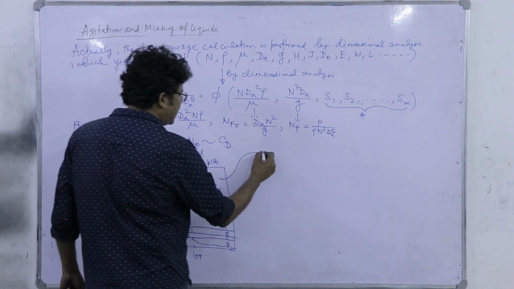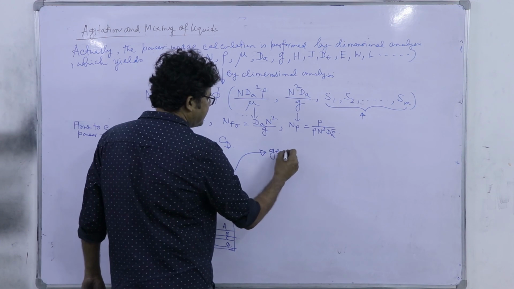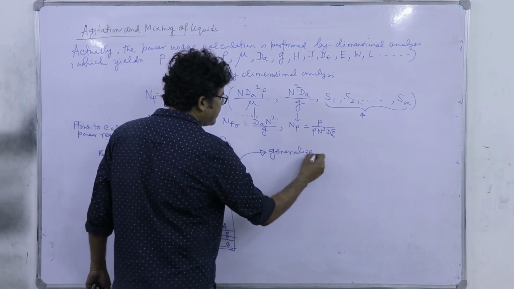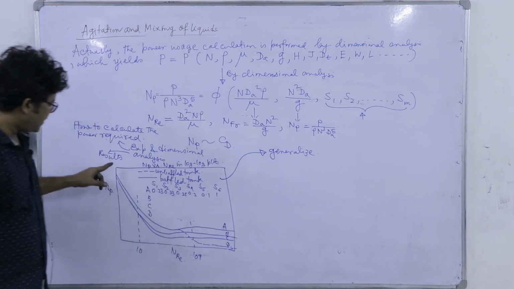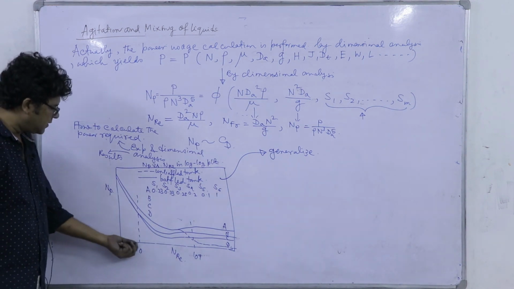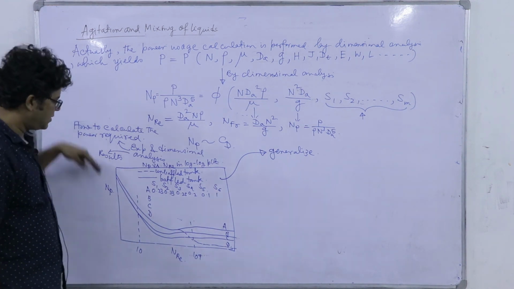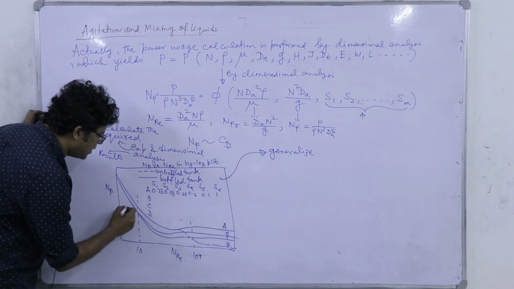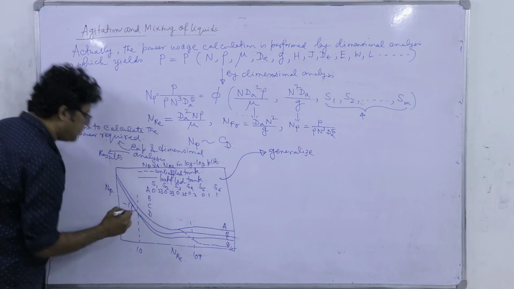If we generalize this, you see that before Reynolds number 10 we have a linear trend in the log-log plot with a slope of -1.